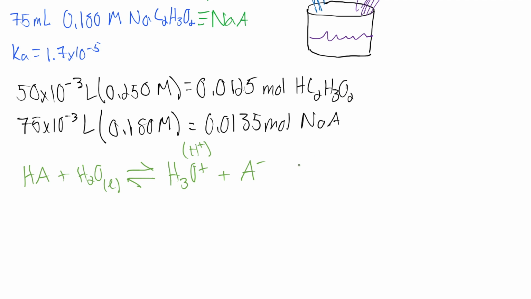We also have NaA, which is sodium acetate, and we know that sodium salts dissociate completely, so we're going to say that that goes to completion to Na plus plus A minus.